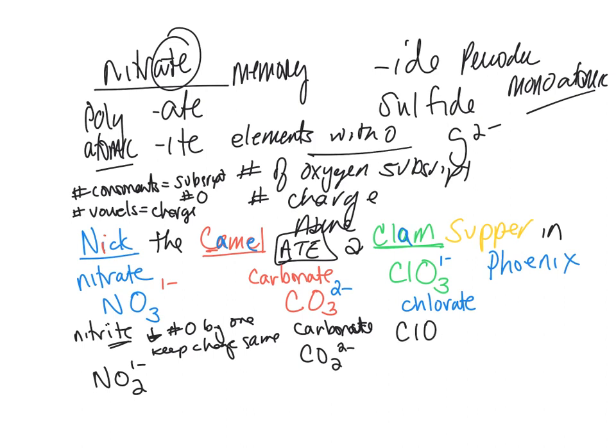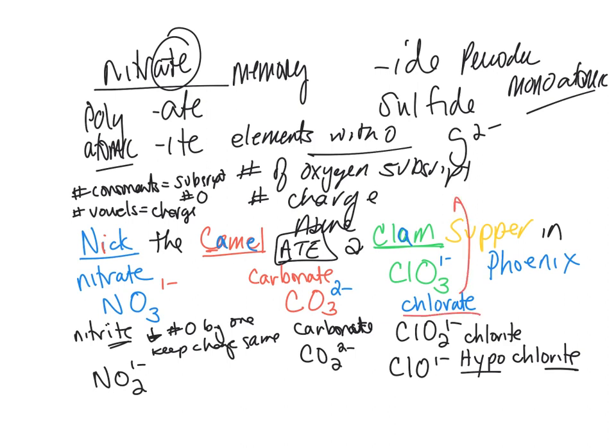I do expect you to do chlorite, but there's also 2 others. Then you have to go even lower, and you go hypo, right? Hypochlorite. So that means we're going to have to drop it again to O1, 1 minus. And then you have to go up from chlorate to perchlorate.